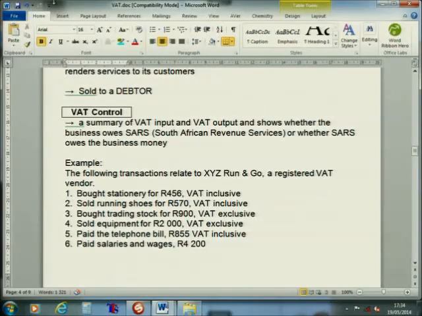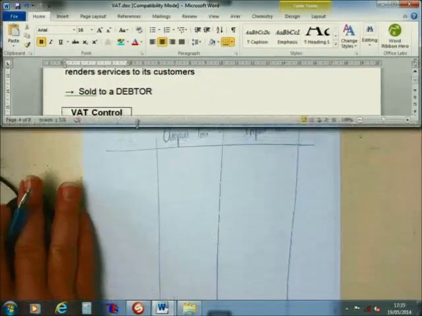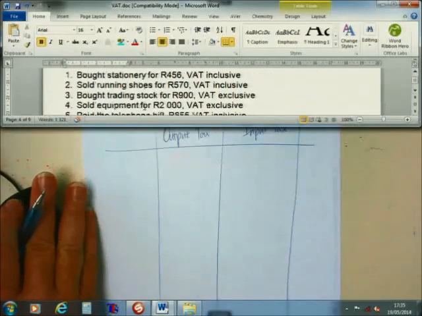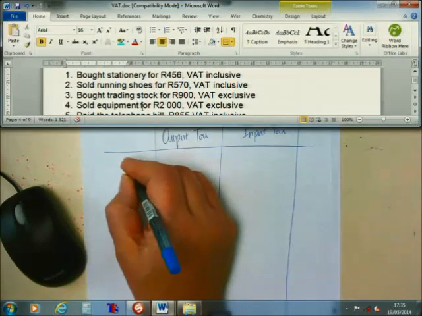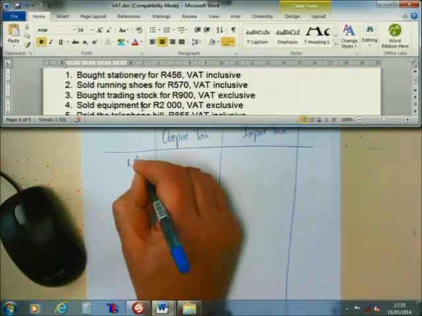Example: the following transactions relate to XYZ Run and Go, a registered VAT vendor. Bought stationery, 456 VAT inclusive. The first thing that you must decide is whether this is input or output tax. This is input tax because we bought.